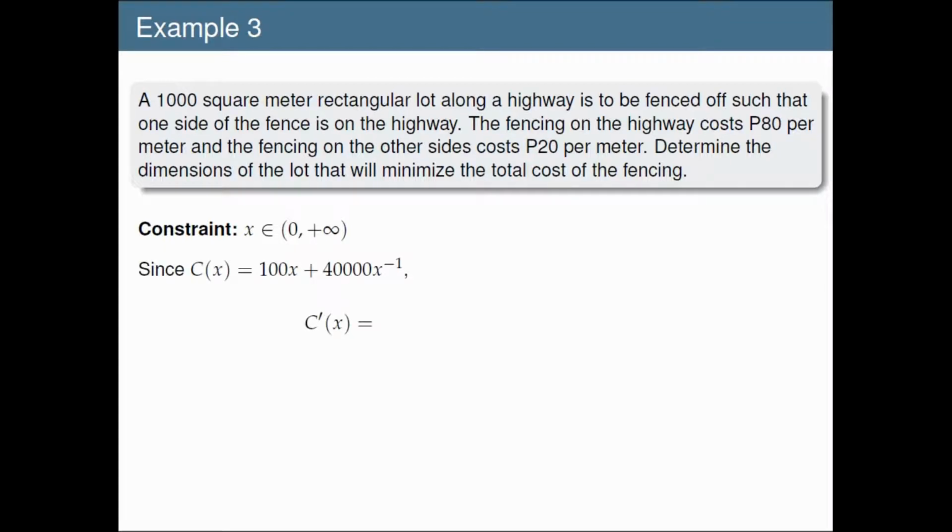So derivative ng 100x is 100. Tapos yung derivative ng 40,000 x raised to negative 1 is negative 40,000 x raised to negative 2. C prime is also equal to 100 minus 40,000 over x squared.